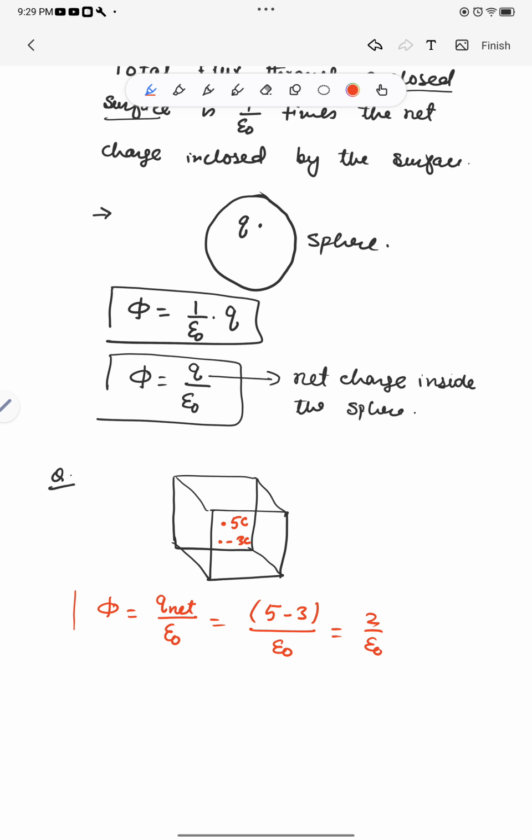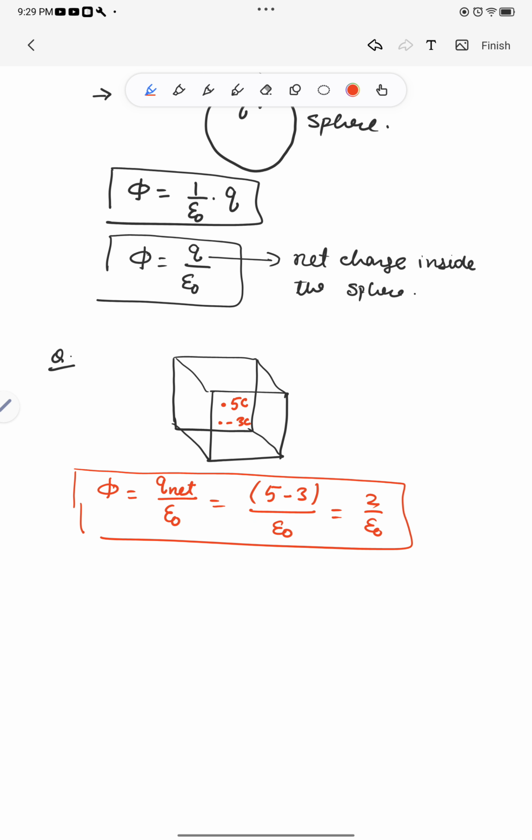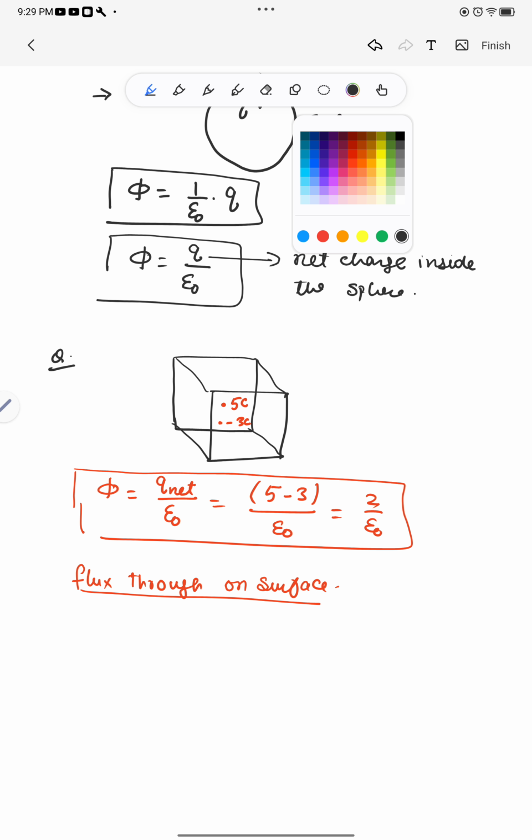So total flux will be 5 minus 3 upon epsilon naught, or we can say 2 by epsilon naught. If the question asks about the flux through one surface, then what will we do? The cube has 6 surfaces, as we can easily see.